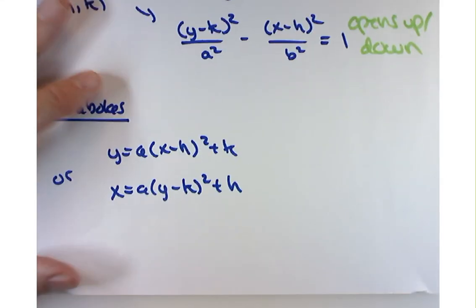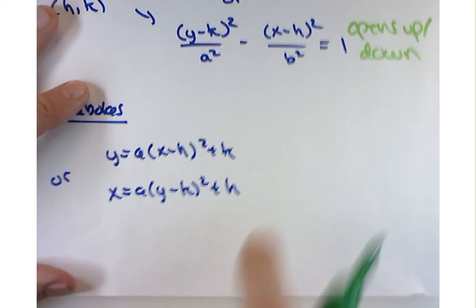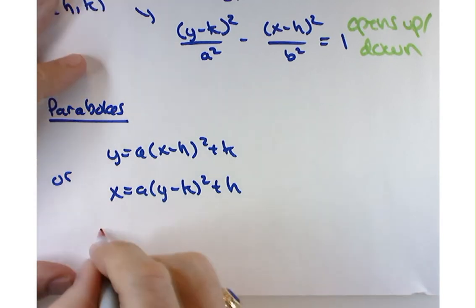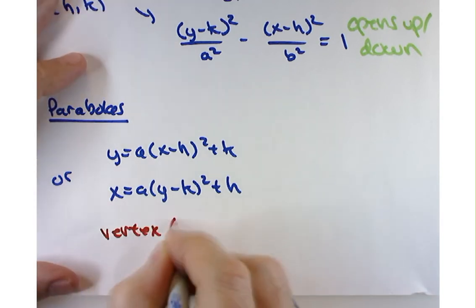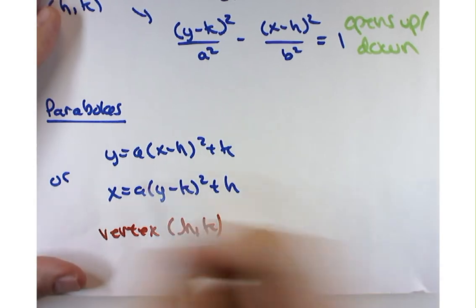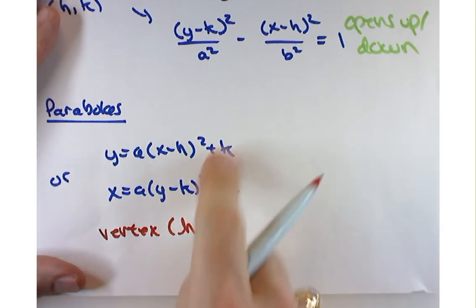And last but not least, down here you've got two different versions of the equation of a parabola. Both of these have a vertex at H and K. But there is a little bit more that we need to remember about this. And that is, these are going to open in different directions. Which way is this top one going to open?